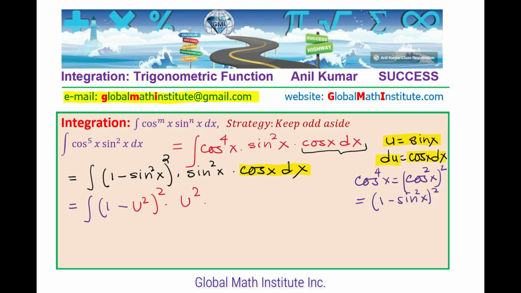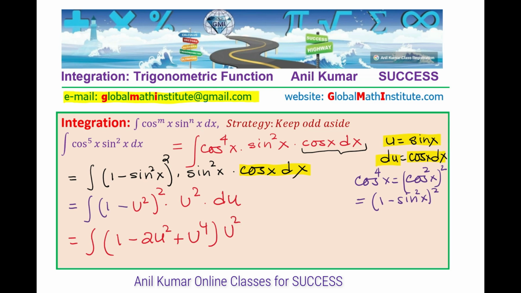So I'll substitute du for that. So that is a neat substitution. Let us now expand this, right? So we have 1 minus 2ab, which is 2u square, plus u to the power of 4 times u square du, correct? Now we can open this bracket and rewrite our expression.